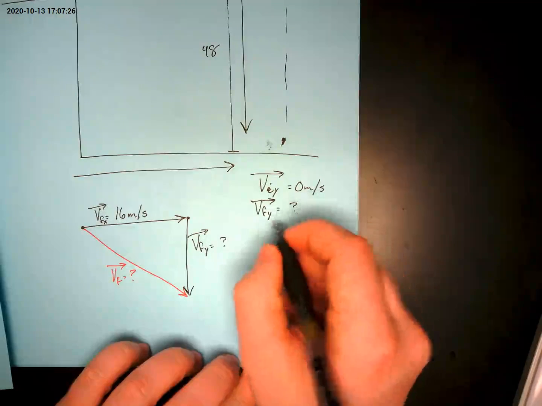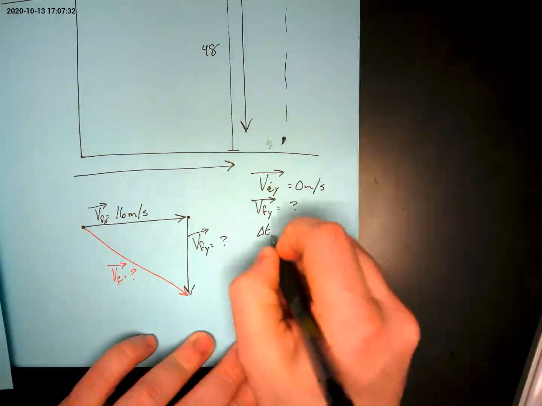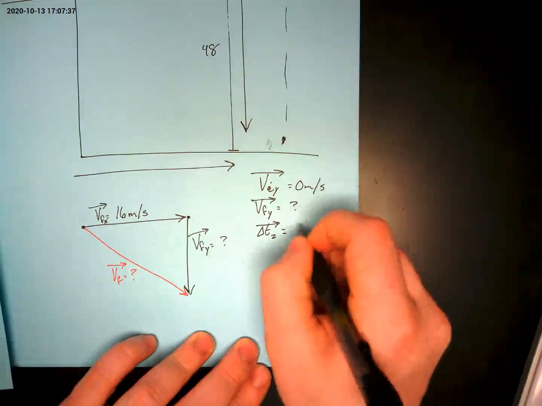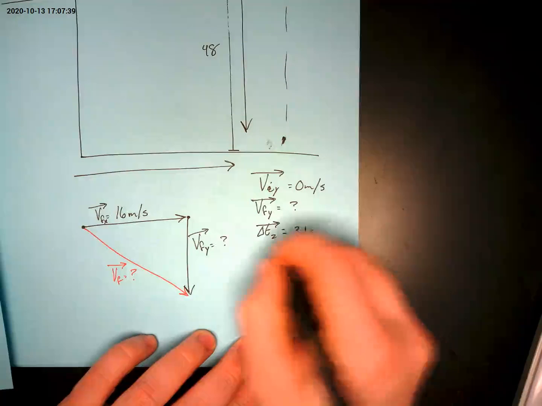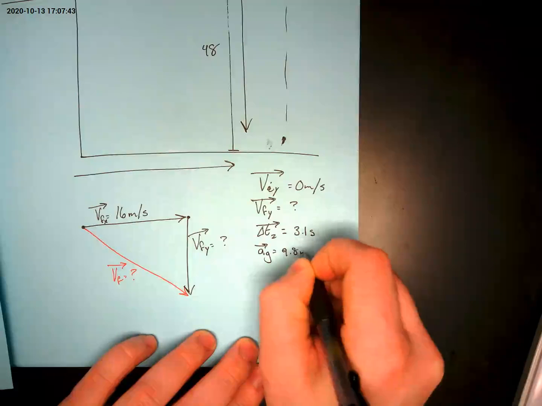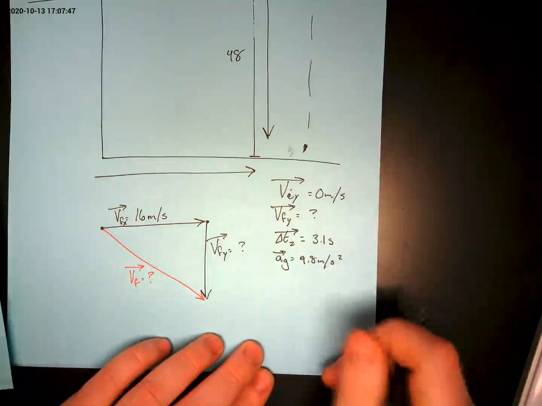This is why it's important that we broke this into two time intervals. We've got the time interval for this, which is t2, and t2 was 3.1 seconds. We also know acceleration due to gravity, which is 9.8 meters per second squared. And that's really all we need.